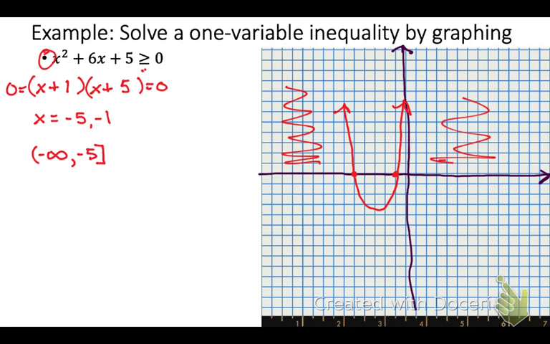The last one was just greater than. This one is greater than or equal to. And then what goes in the middle? The union. Then it picks up at negative 1, and that's a bracket, and then positive infinity with a parenthesis.